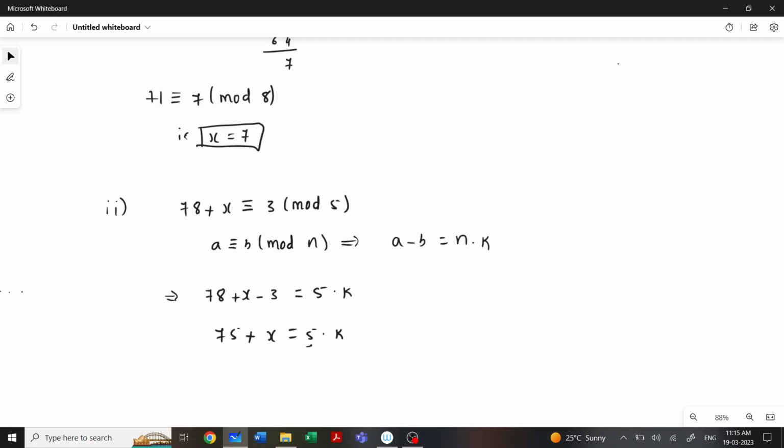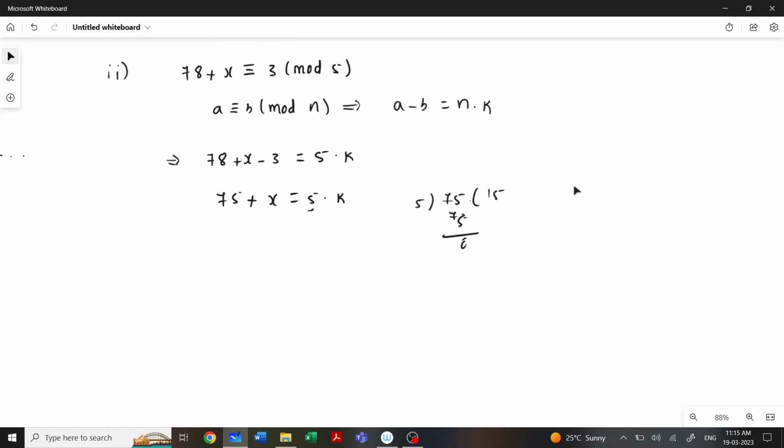For example, if I divide 75 by 5, 5 fifteens are 75, but the remainder here is 0. In this problem we have to find the least positive integer, and 0 is not a least positive integer; we call it non-negative.